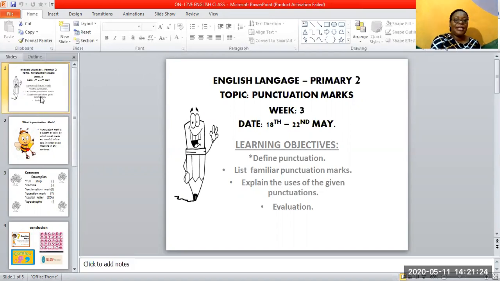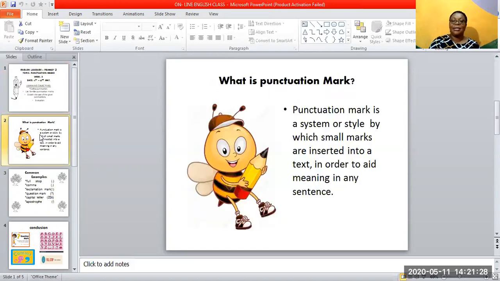Now, let's look at what we mean by punctuation mark. What is a punctuation mark? A punctuation mark is a system of style by which small marks are inserted inside a text in order to aid meaning in any sentence.